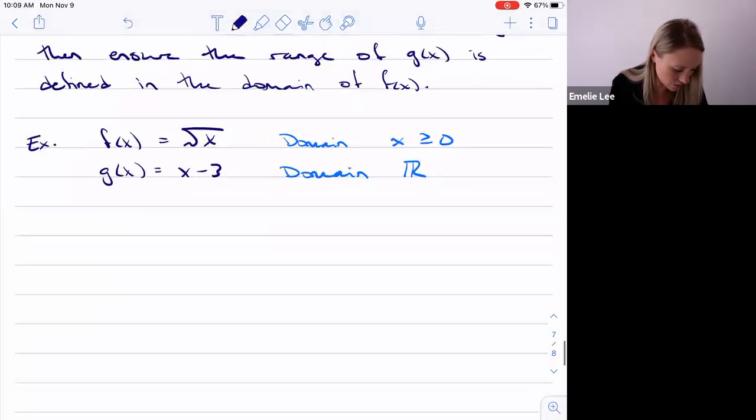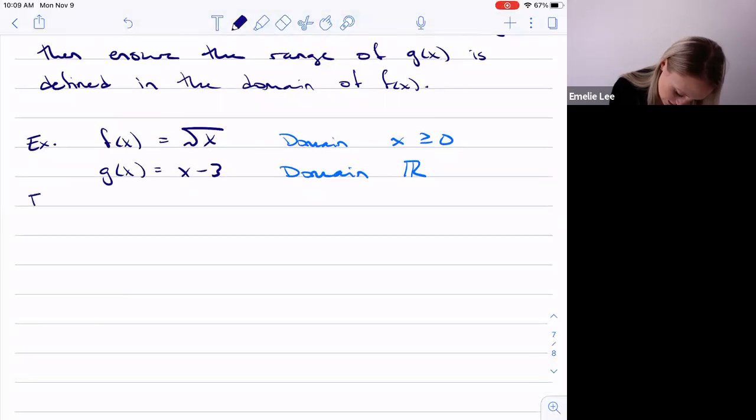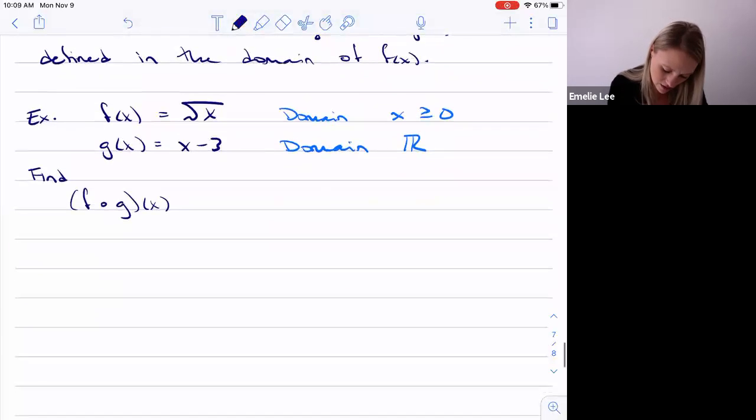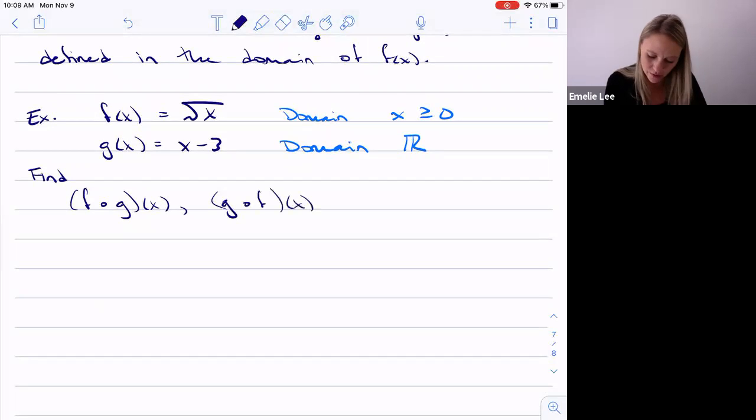So what we're going to do is find f composed with g of x, g composed with f, so I can do them in a different order, right? But now I'm plugging in f of x into g.